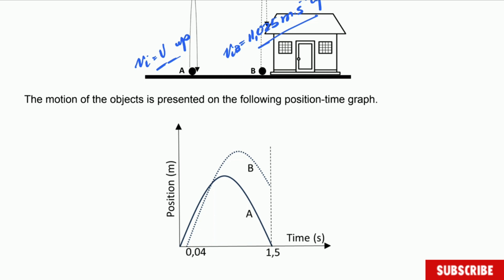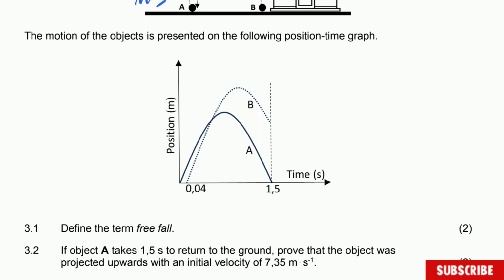And object B is released 0,04 seconds after object A and is at this specific point after 1,5 seconds. That is what you can see in the graph. You do not know the position, so you don't know the maximum height of any of them.